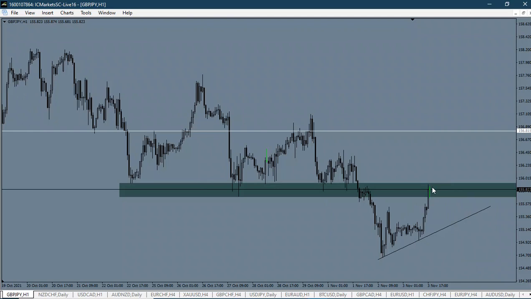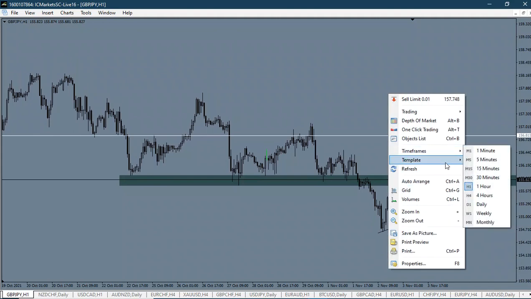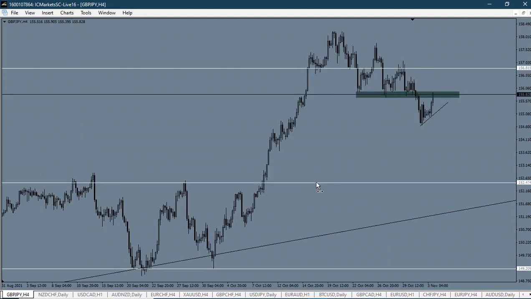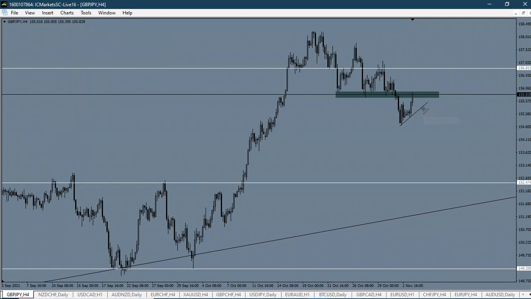Should price come back, retest this zone right here to form a resistance, we'll be expecting for price to cross this trend line, retest, and then we'll be entering here with our stop loss above here as an invalidation area, and then we'll be taking our sells towards the downside, towards this area right here.